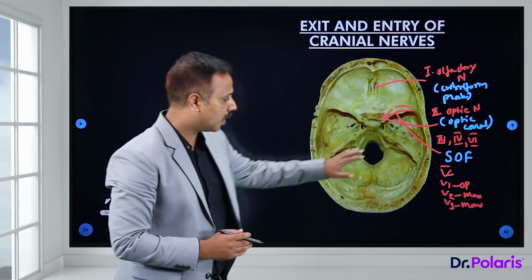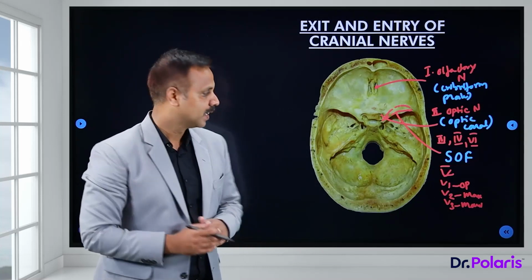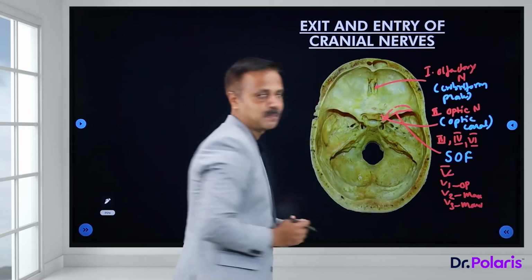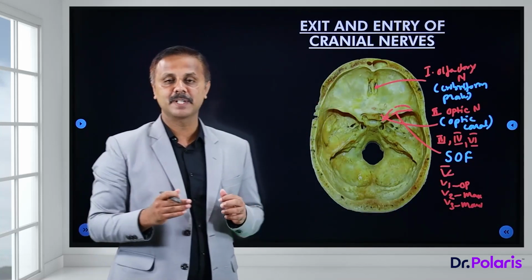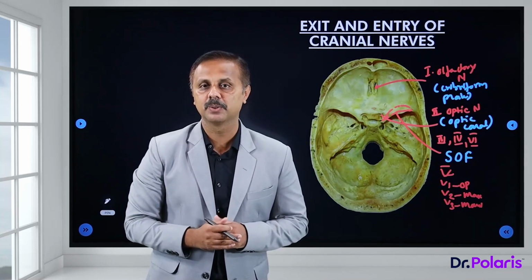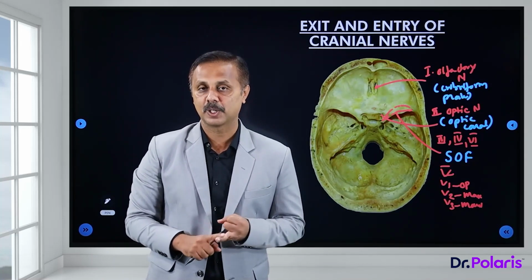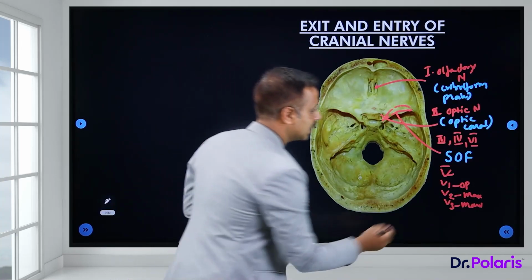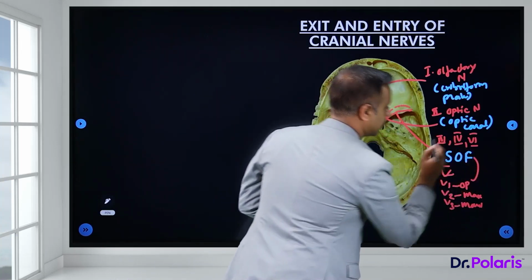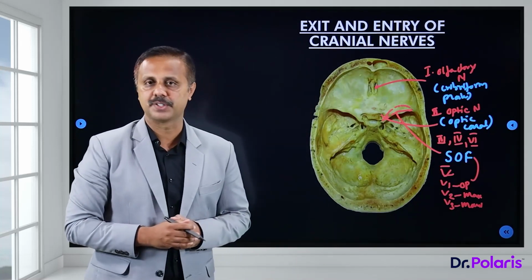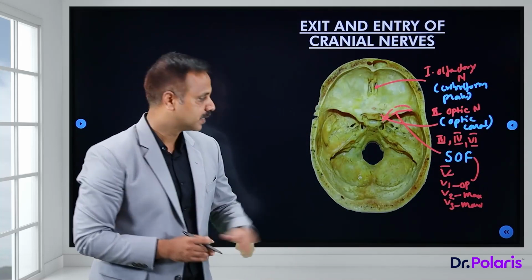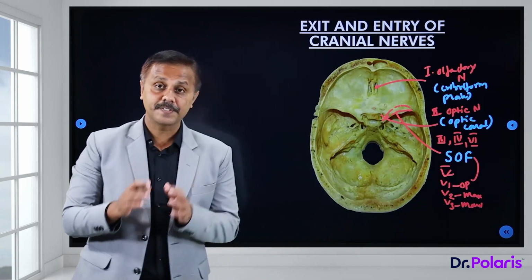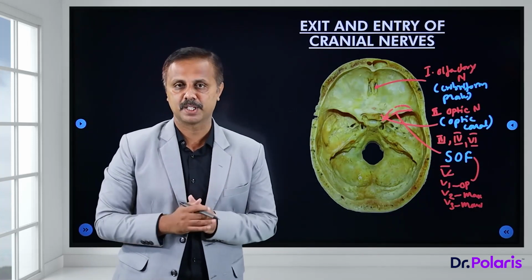Right? Now, through what foramina do they pass? When we talk about the ophthalmic nerve, right? The ophthalmic nerve will further split into the lacrimal nerve, frontal nerve, and nasociliary nerve. Right? All these nerves will again pass through the superior orbital fissure. Right? So this is regarding the fate of the ophthalmic division of the trigeminal nerve.